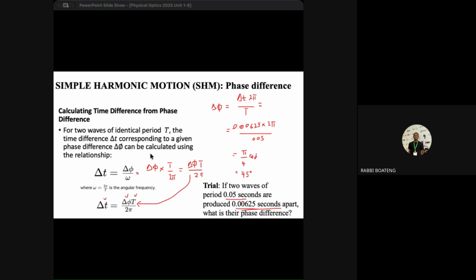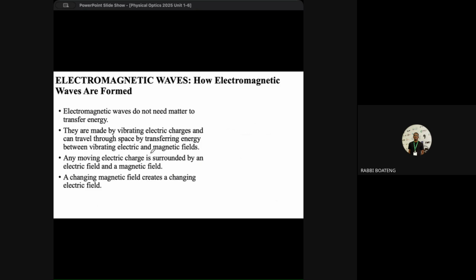Okay. So let's go on. Now let's look at what we actually have to do in terms of physical optics. You know, when I started defining wave, I was very precise. We have the sound, we have the mechanical, we have the magnetic and other things.